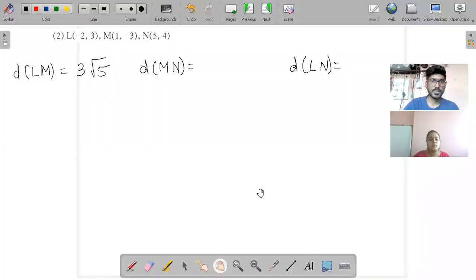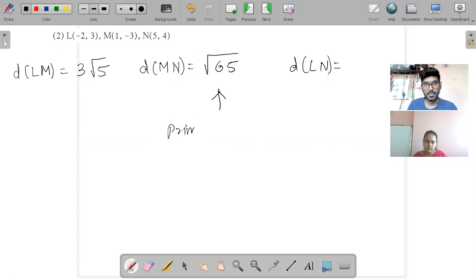No, 65 is a prime number, so you cannot reduce it. You leave it as it is. So this you leave it as it is, root 65. If you want to write the reason, 65 is a prime number, so it's not possible to reduce.